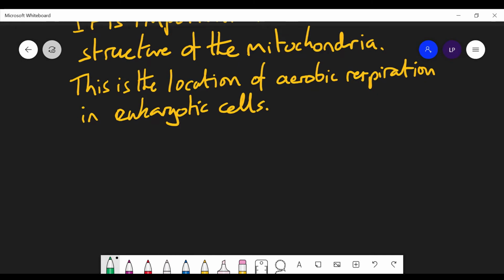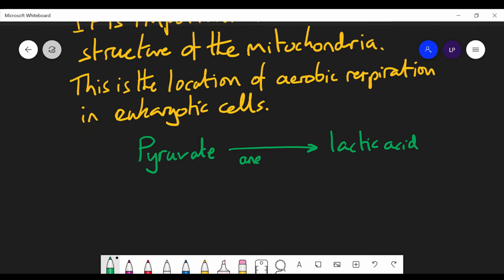So when we make pyruvate via glycolysis, it has two routes: the anaerobic, where it gets converted to lactic acid, and the aerobic, where it passes into mitochondria and can be further processed, creating more ATP.